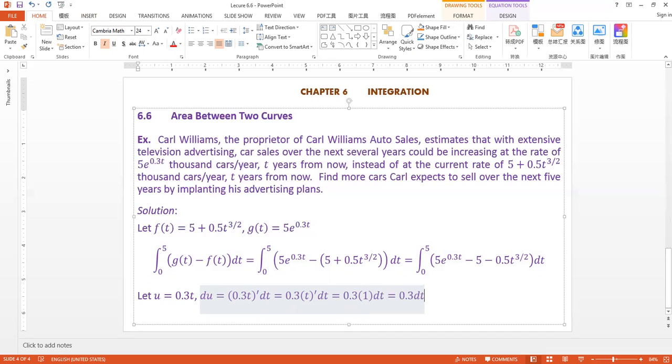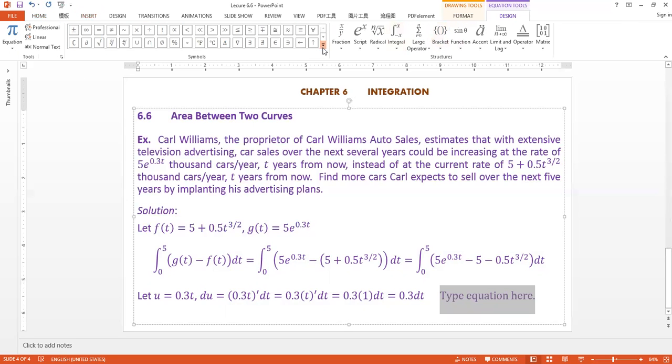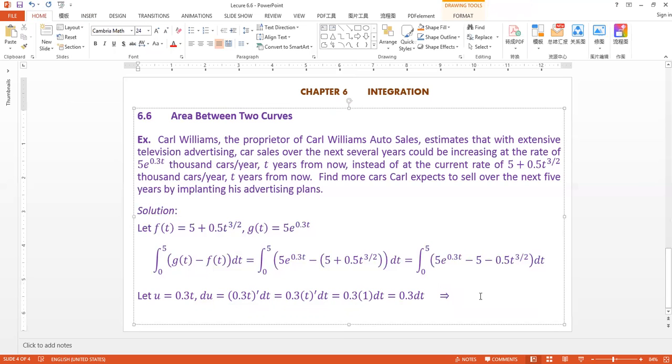The next thing I'm going to do is divide by 0.3 on both sides of this equation, so that we can figure out what dt is in terms of du. So we got du equals 0.3 dt. If we divide by 0.3 on both sides, we get du over 0.3 equals dt.